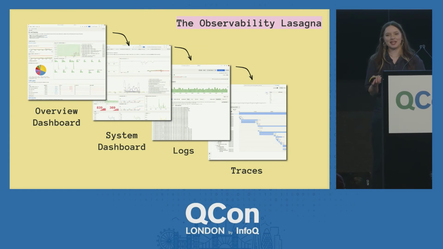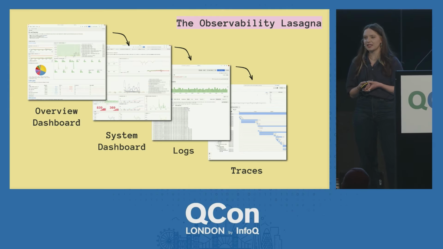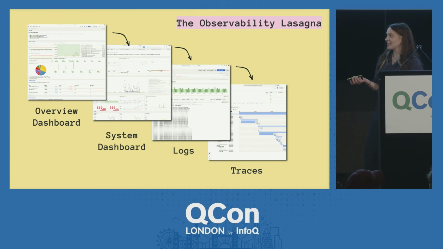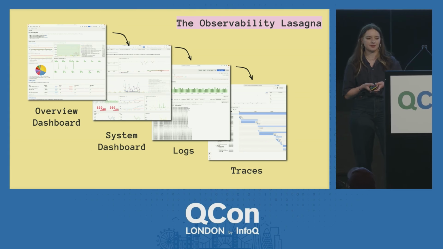So a great observability stack will walk you all the way from a bird's eye view down to individual requests. And this is our lasagna, so we have 4 key sections. We've got a really high-level overview dashboard, a more specific system dashboard, then logs, and then traces, which are our most granular detail on specific requests.